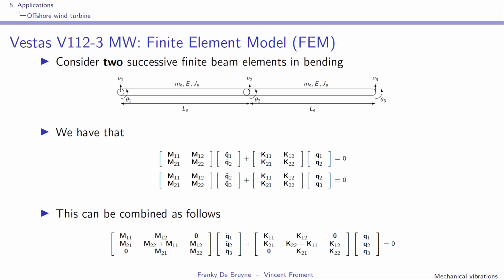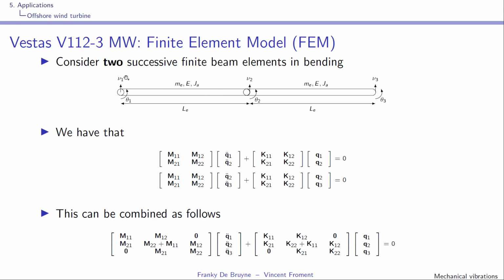We know that we'll have n finite elements, so we need to understand how to deal with a situation where we have n finite elements and how we can construct a description for this situation, right? So we'll first consider 2 successive finite elements in bending. Here you have the first one.